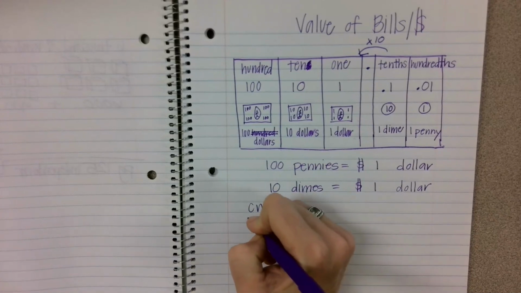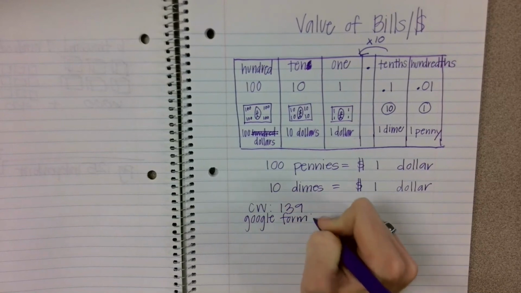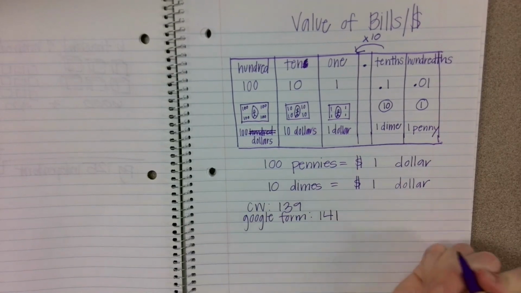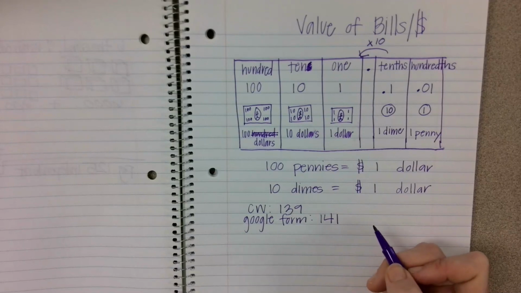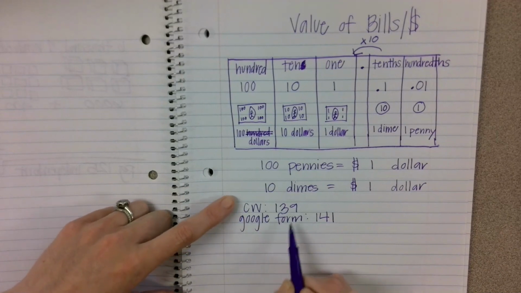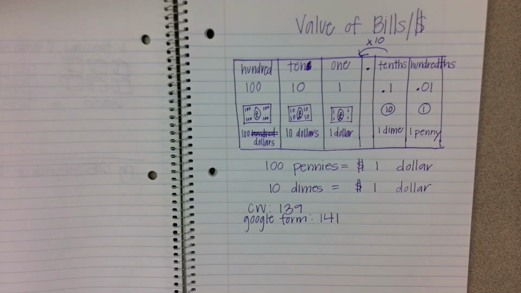And then your Google form for this, you're going to do page 141, problem number 2, where it says show 2 ways to make $462. I'm going to try to think of some creative way for you to show us that, but I am going to want you to do that. So we are going to discuss for classwork page 139, and then your Google form that goes along with this would be page 141. Okay, come at me with questions, please, if you have any.